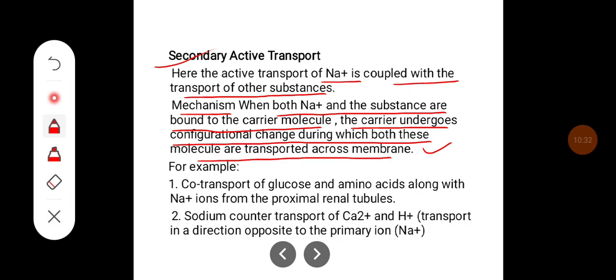For example, the co-transport of glucose and amino acids along with sodium from the proximal renal tubules. Another example is sodium countertransport of calcium and H plus ion, where the transport is in direction opposite to the primary ion, that is sodium.